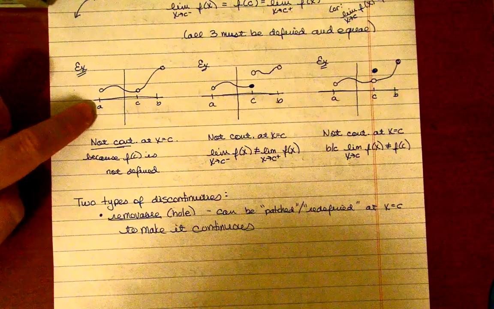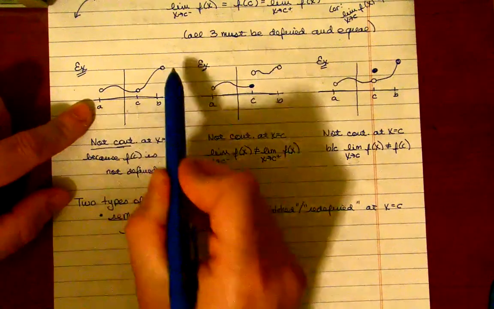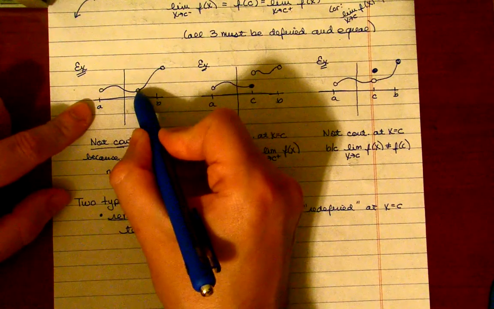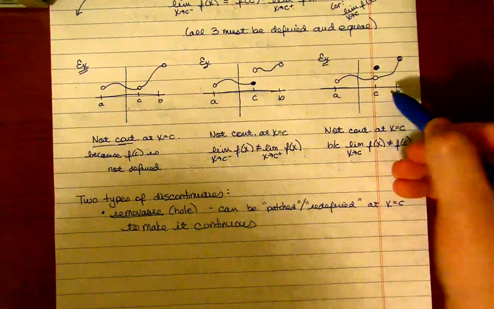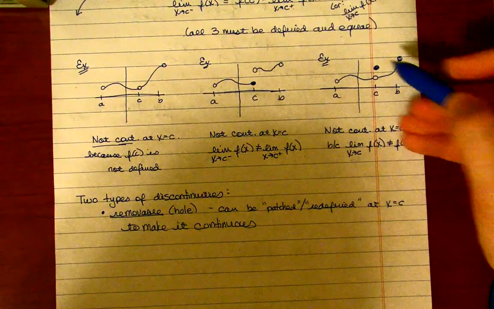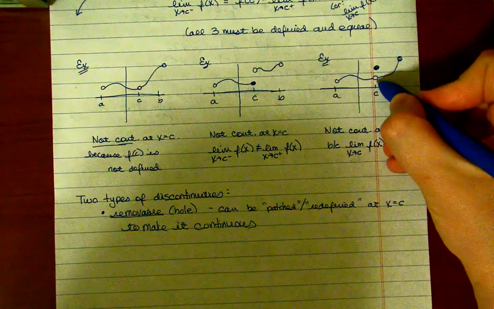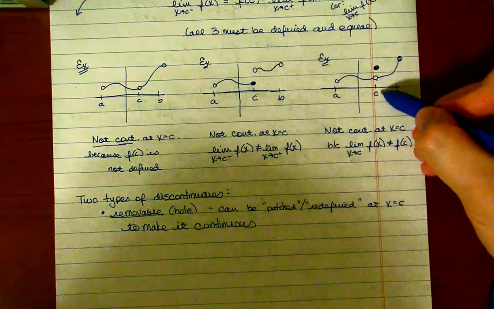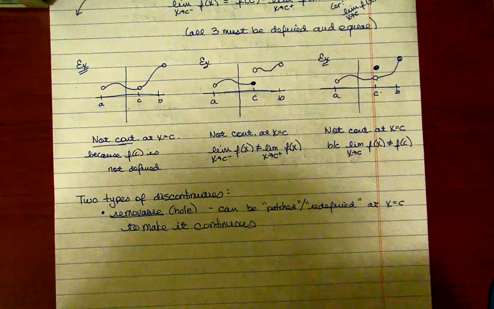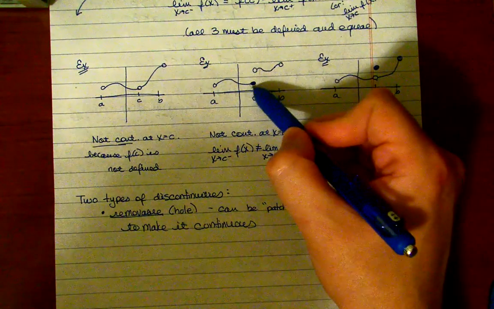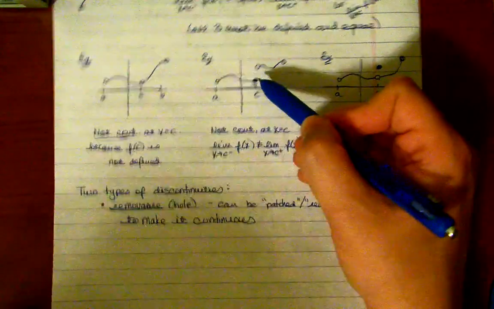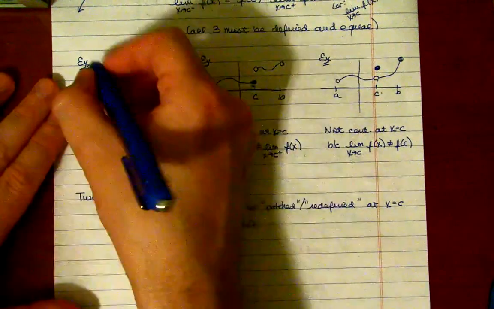For example, in this first case, I could make this function continuous by just redefining my function by filling in that hole. In this example, I could make this function continuous by taking this closed dot and moving it down there, just redefining my function at one particular x value. This one, not so much. Even if I change this particular y value, I'm still going to have a jump over there. It's not going to work.